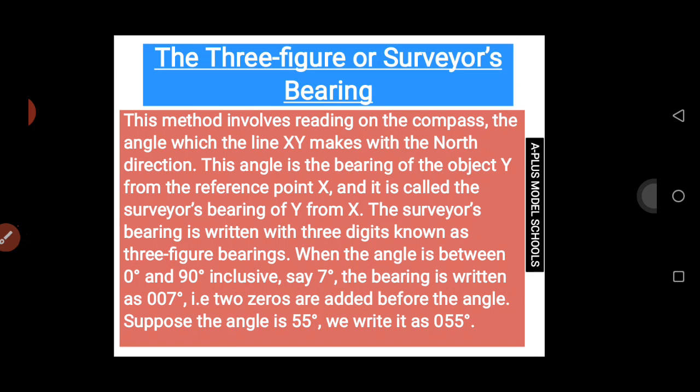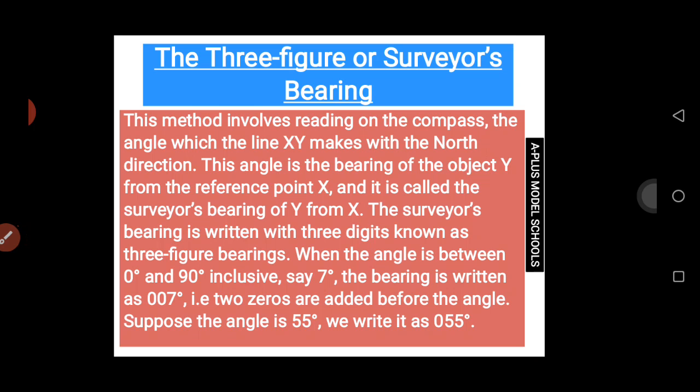So three figure bearing now, which is the last of the types of bearing that we are going to look at. So now we have three figure bearing, or we also call it Sauvier's bearing. When we are talking about three figure bearing, it is with 3-digit numbers.